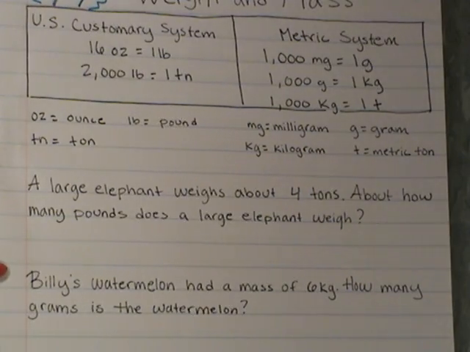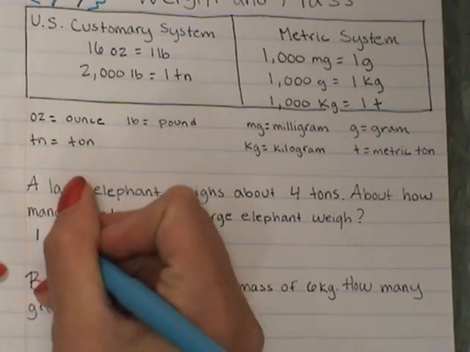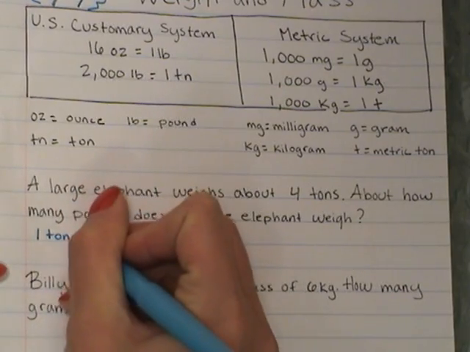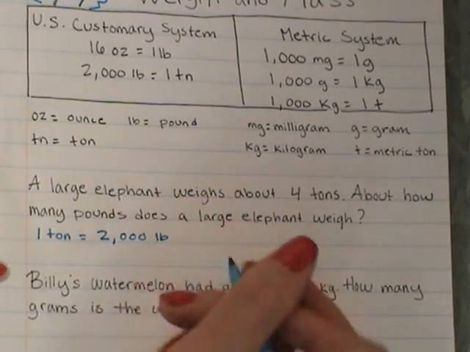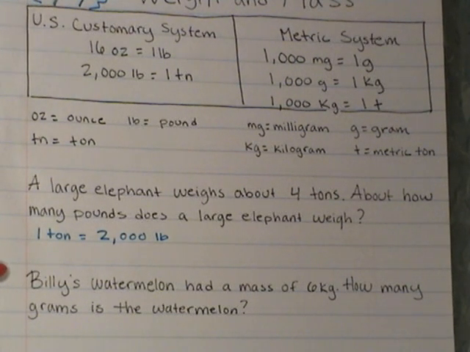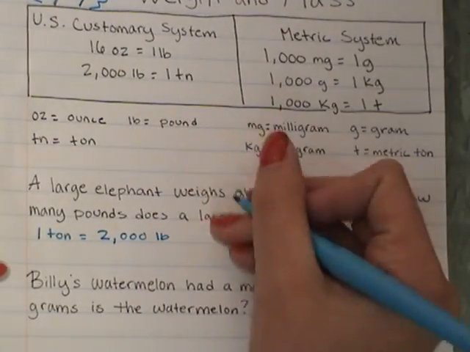Well, I'm going to go ahead and write this down so I know. 1 ton equals 2,000 pounds, which is what I need to know to do this problem. But I have 4 tons, and I'm going to pounds, so I need to multiply 4 times 2,000 pounds to figure out how many pounds my elephant weighs.